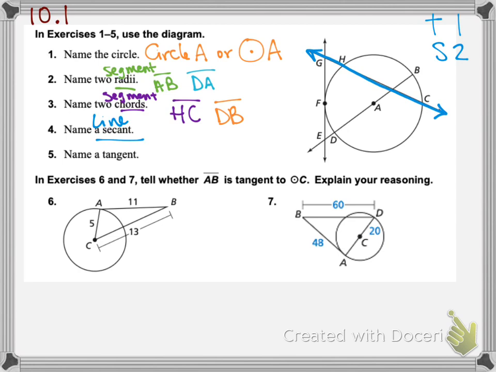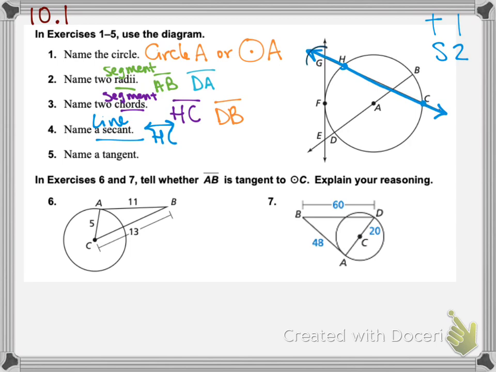This is one of the options. We would say HC with arrows above. Same line, you could also include the letter G. So this is the same thing as GH, the same thing as GC. They're all the same line.